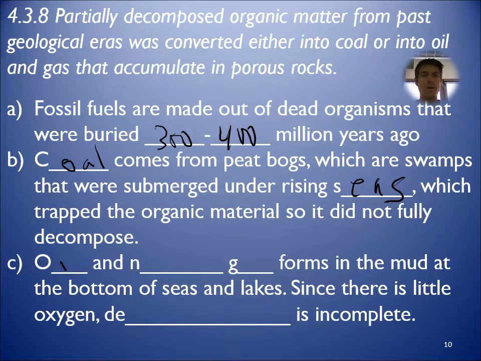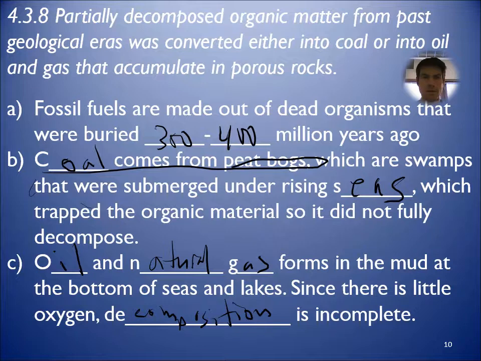And here, oil and natural gas formed in the mud of the bottom of the seas and lakes. So decomposition is incomplete. So coal from peat bogs, oil from the bottom of seas and lakes. So that's interesting to think about, and that affects that composition that we see.